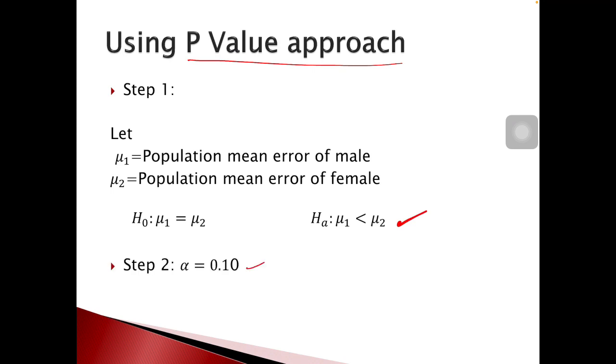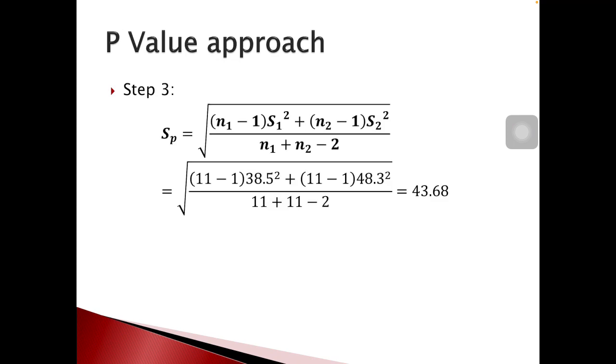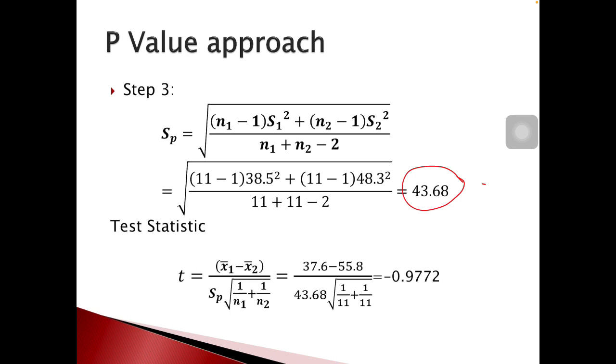You have to figure out what alpha is. It is 0.1. Then plug the values to find the pooled standard deviation, same value, and then plug in to find the test statistic, same test statistic.